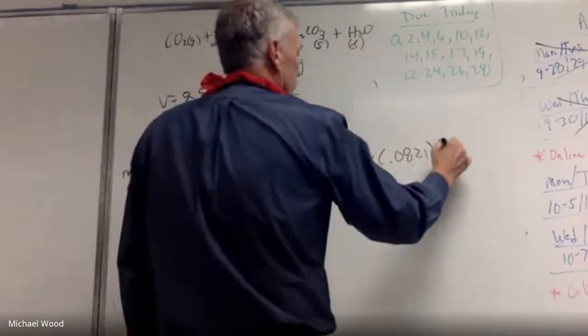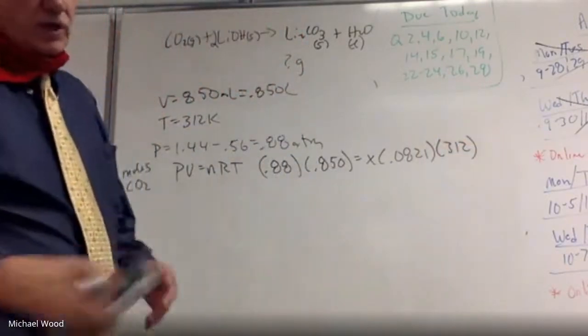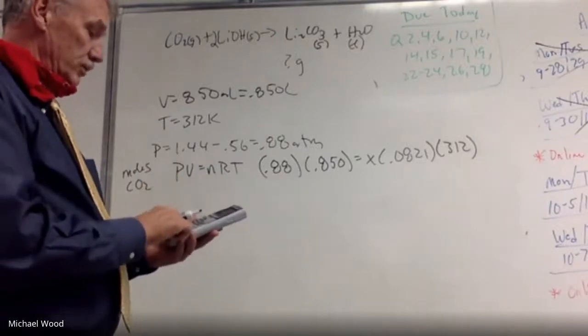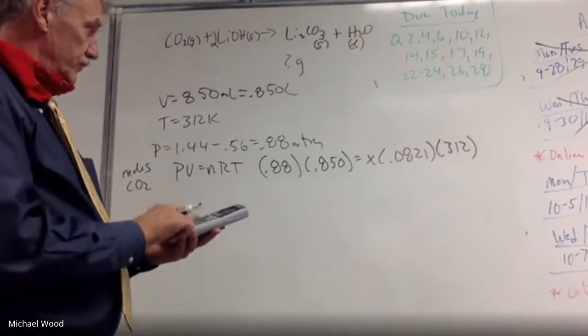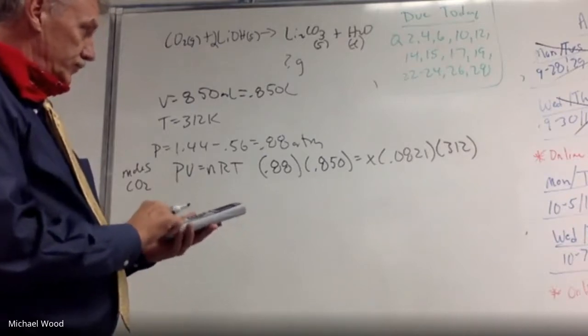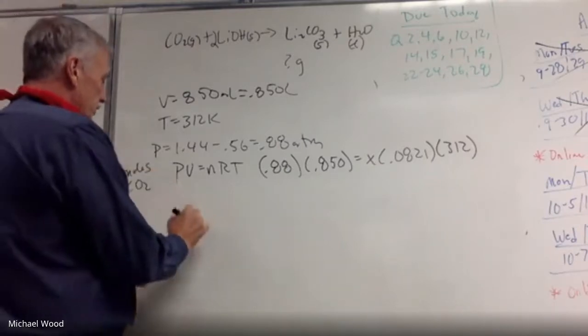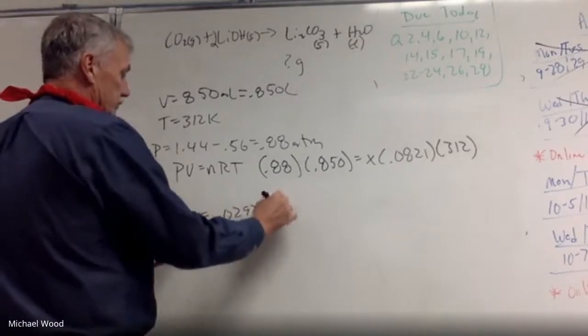The temperature is 312. If I solve for X here, which will not be my final answer but will be the moles of CO2, X gives me 0.0292, so this is moles of CO2.